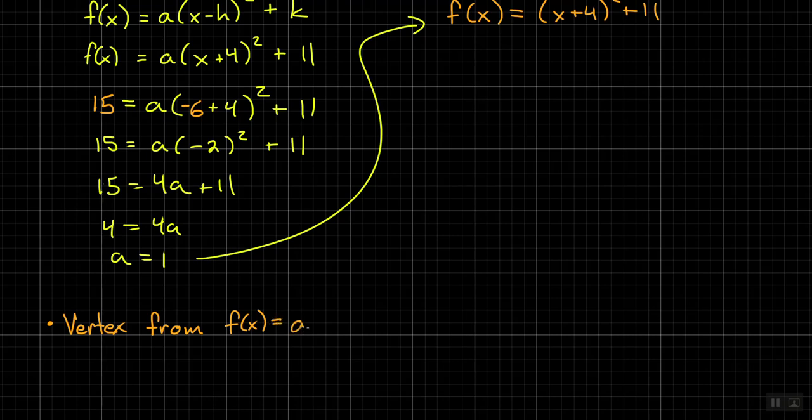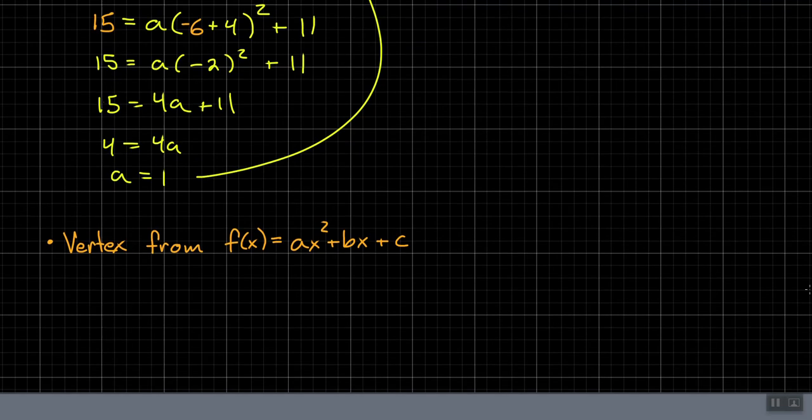If I instead give us ax squared plus bx plus c, which we have, and then we change it to vertex form, and you decide you hate vertex form and you're not going to do it, that's okay, because there's another way you can graph this easily by finding the vertex without doing all that.